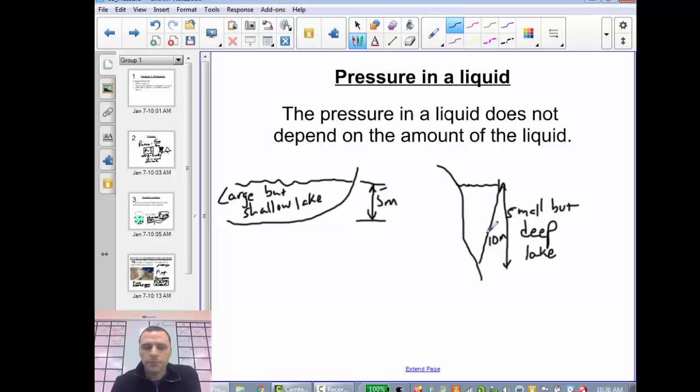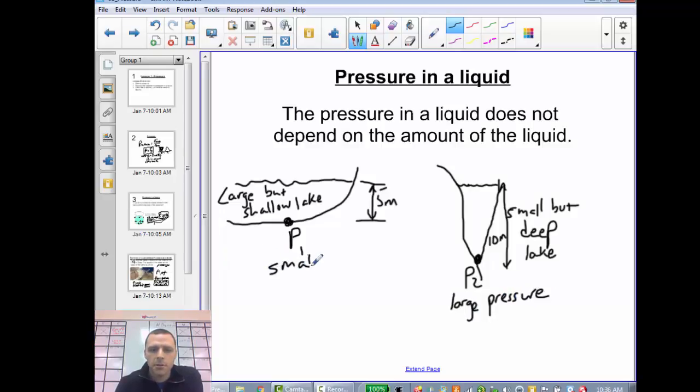Even though the small lake has less water than a large lake, if you were to go to the bottom, pressure at point 1, if you were to go to the bottom of this one, pressure at point 2, this would be a greater pressure. Maybe I should write a large pressure. So let's write large pressure. And this is a smaller pressure.